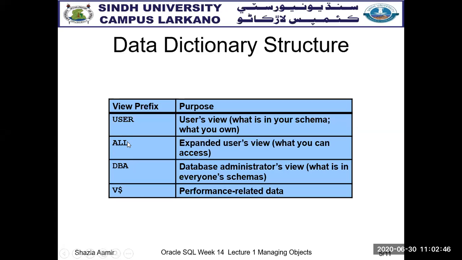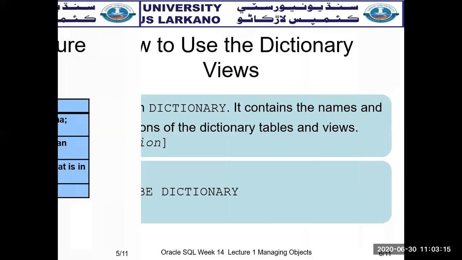Then ALL, expanded users view, what you can access. If you want to see the database administrator's view, then use the DBA prefix. Then another prefix, V dollar, is for performance related data. We will discuss these later.